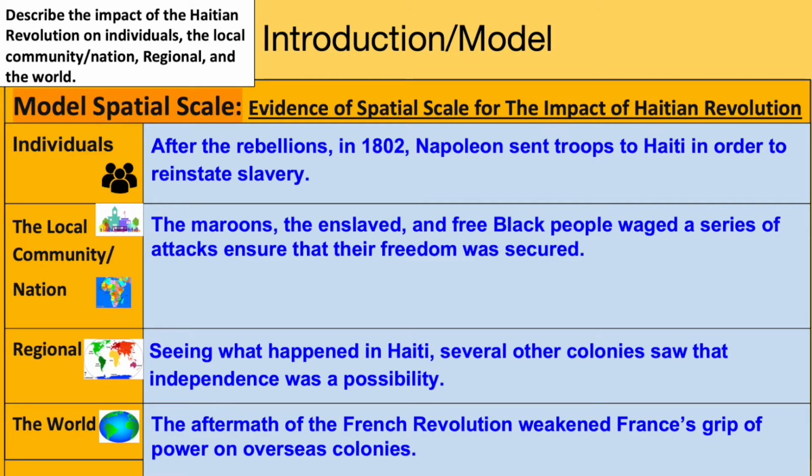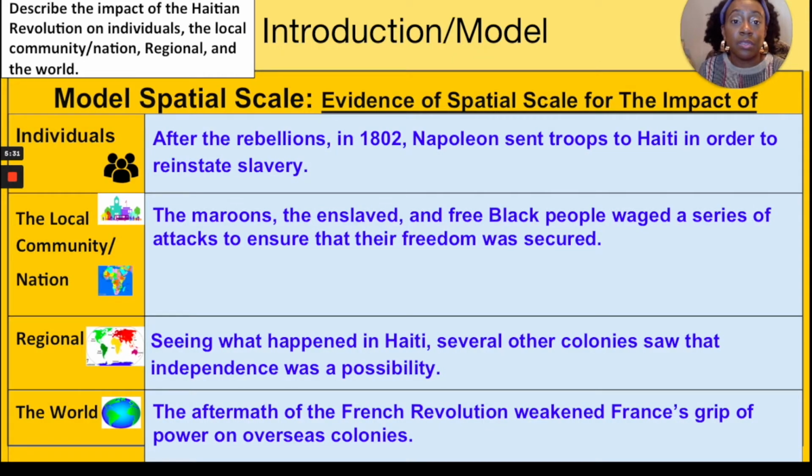Regional, so that means in the hemisphere or in the continent. Within the continent, seeing what happened in Haiti, several other colonies saw that independence was a possibility. And then the last one, the aftermath of the French Revolution weakened France's grip on power in overseas colonies.